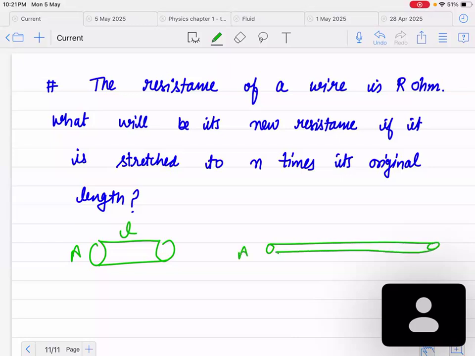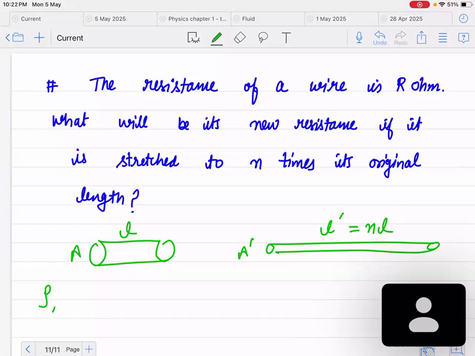New area is A prime, new length is L prime, which is nL. So which quantity will remain the same? It is the specific resistance. It will remain the same because specific resistance depends only upon the material. It does not depend upon the area or length.